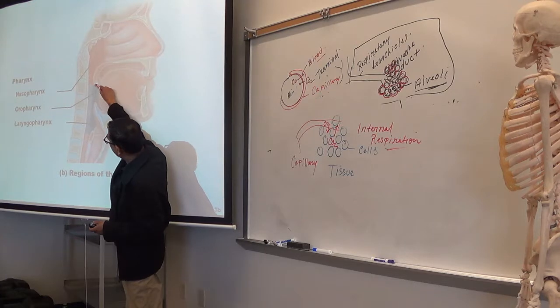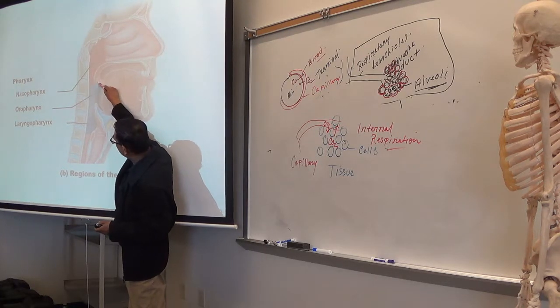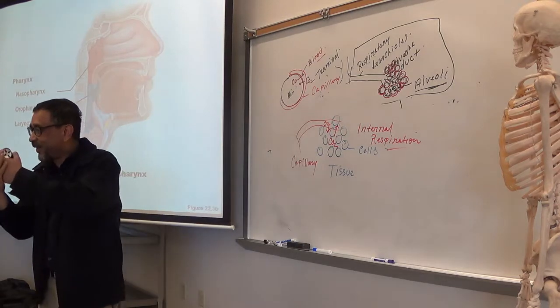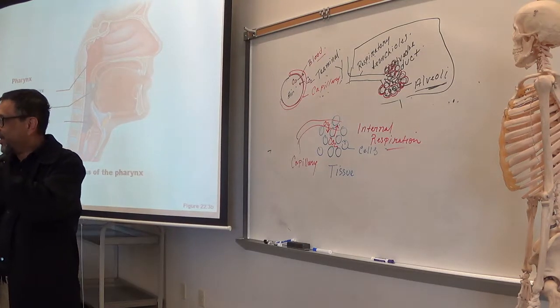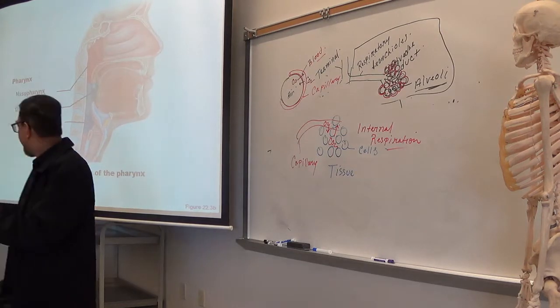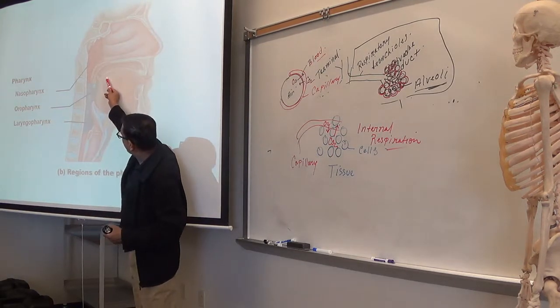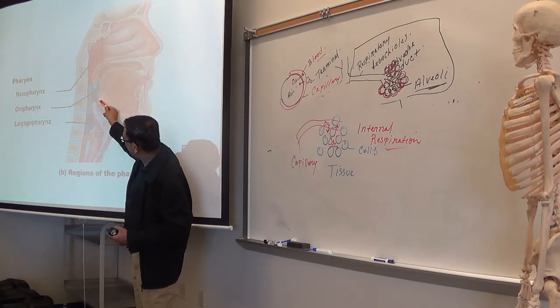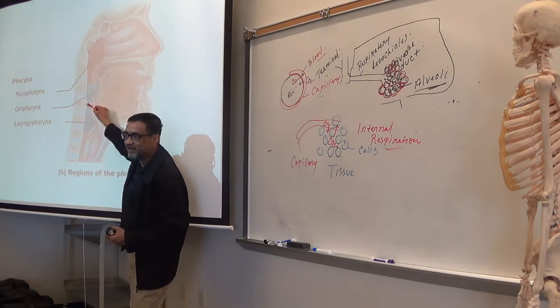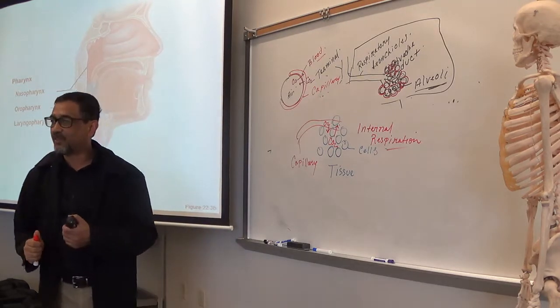This is called the palatine tonsil. Makes sense because of their location. Nasopharynx, pharyngeal tonsil. Near the palate, palatine tonsil. And this is the tongue. In the back of the tongue, there is another tonsil. That is called the lingual tonsil.